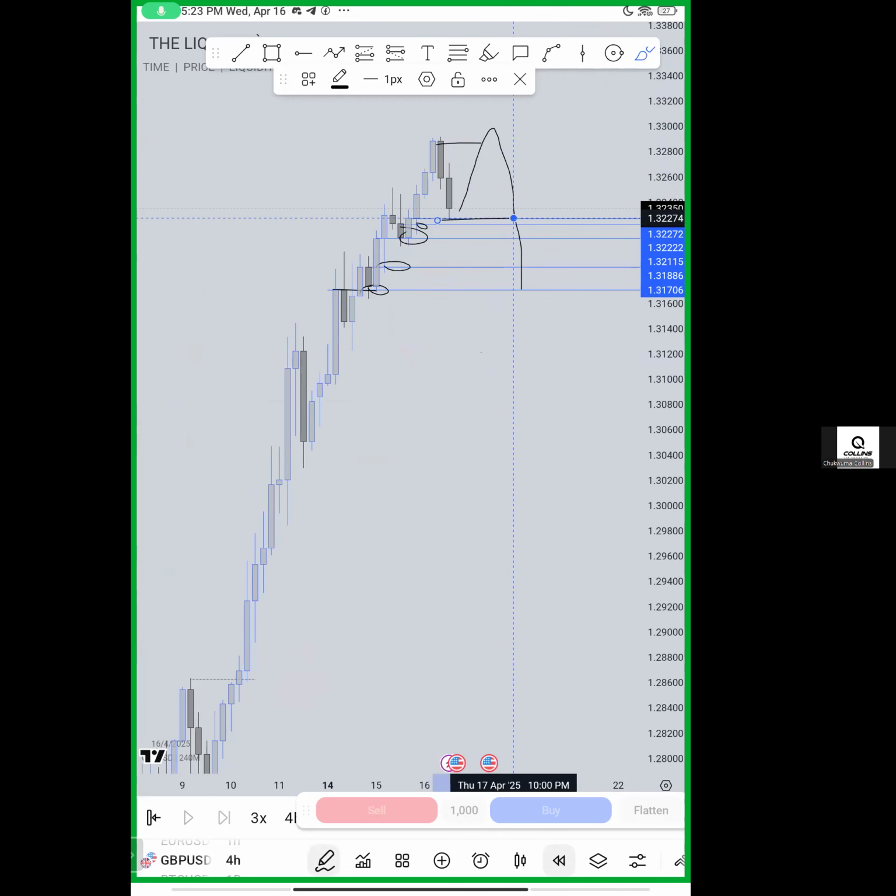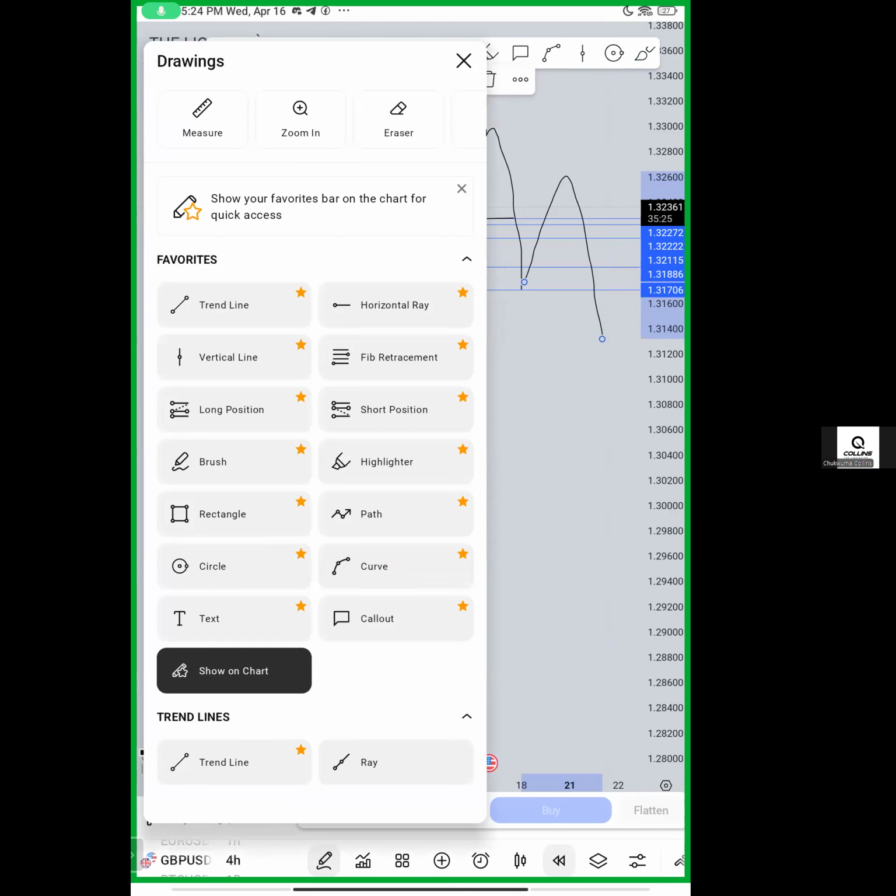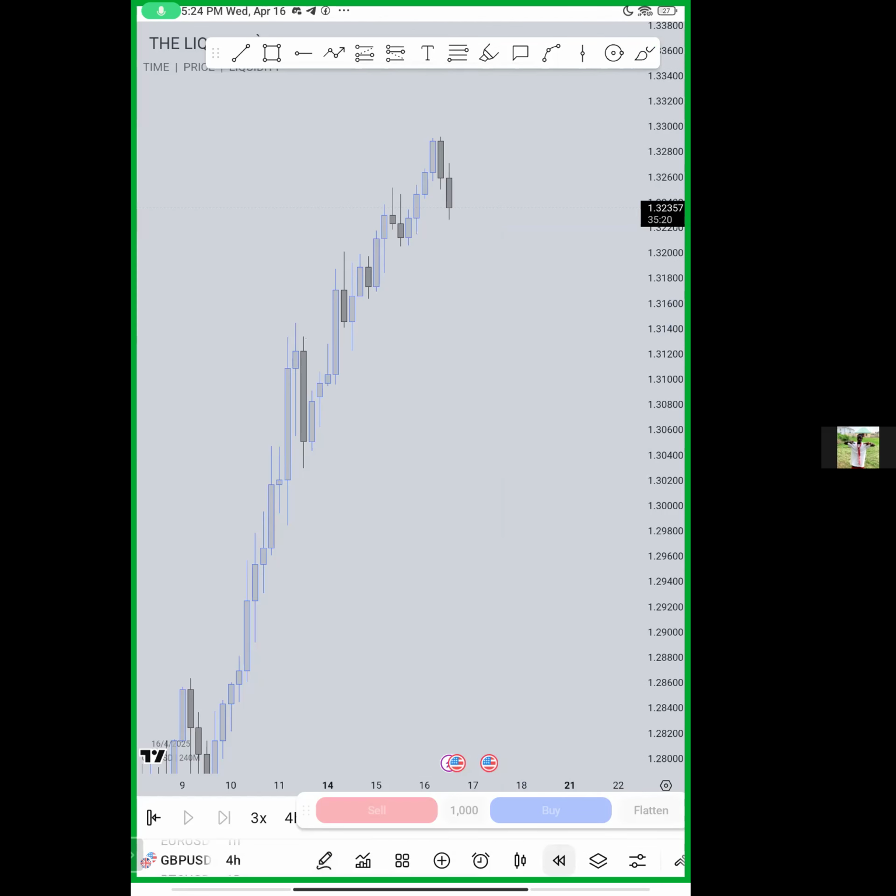So whenever this happens, what do we know now? We know for sure that price might start falling back. But we cannot just predict. We have to see all of this happening. Please try and understand this. Let's say price is reacting from here.